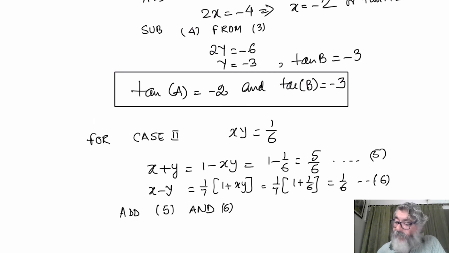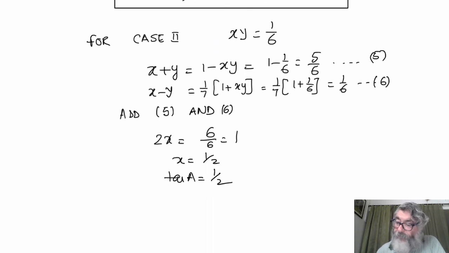When I add 5 and 6, 2x will come out to be 6 upon 6, which is 1, or x will be 1 upon 2, or 10a will be 1 upon 2. Similarly, when I subtract, x will cancel, 2y will come out to be 5 minus 1, 4 upon 6, or y will come out to be 4 upon 6 into 2. 2 2s are 4, 2 3s are 6.